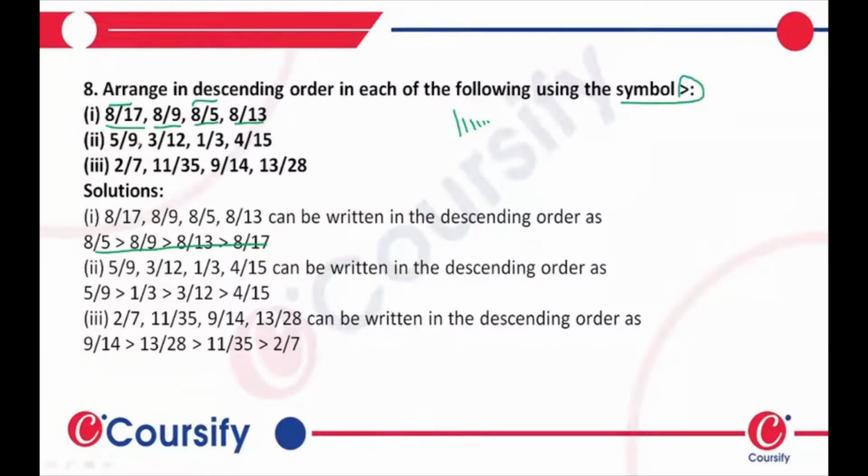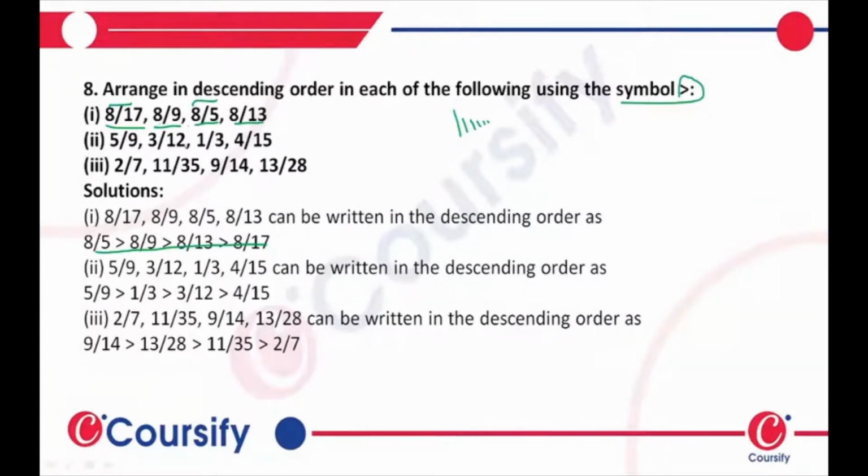Now next question, 5 by 9, 3 by 12, 1 by 3 and 4 by 15. In this question, what we technically do is we have to make the denominators similar, or somehow understand how it is.